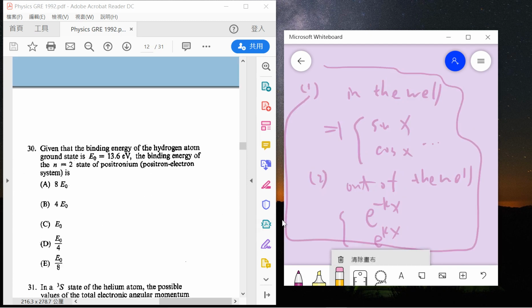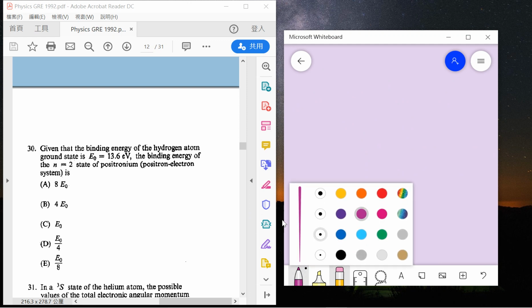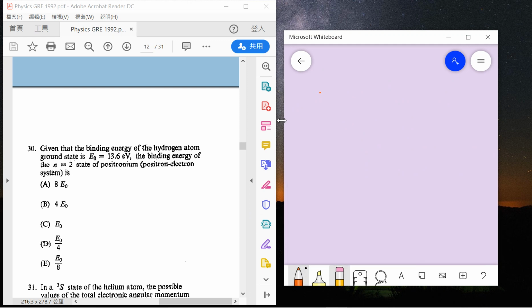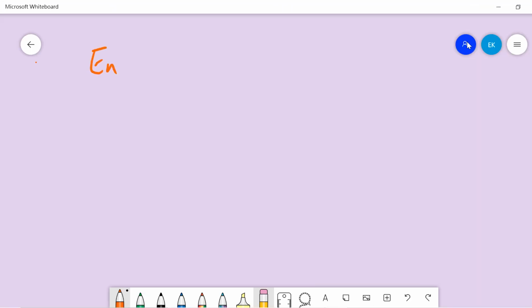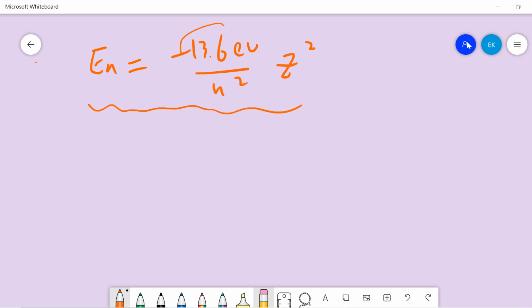Okay, number 30. I don't know if you're doing other old GRE exams and you already know the answer, but I would like to say that you need to remember the Bohr model, the standard model. You need to remember this 13.6, which is actually proportional to the effective mass of the system.